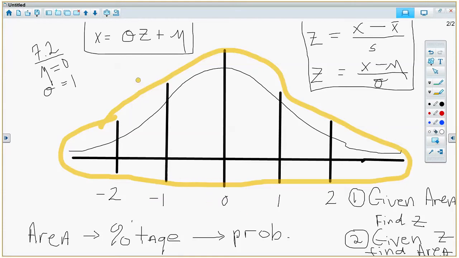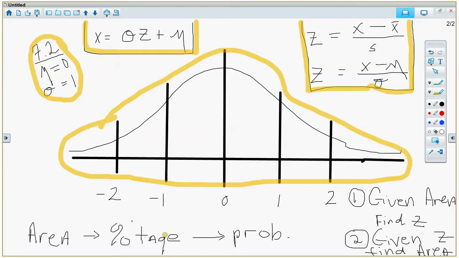The second thing that's important is that in the first part of 7.2, mean and standard deviation are going to be 0 and 1. The two equations you're going to use in chapter 7 are this equation and this one. This equation is the same equation, it's just different parameters. One means sample, the other means population.